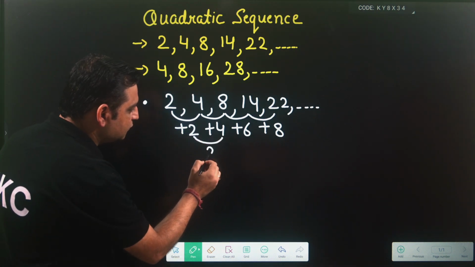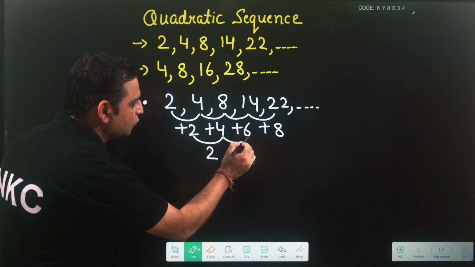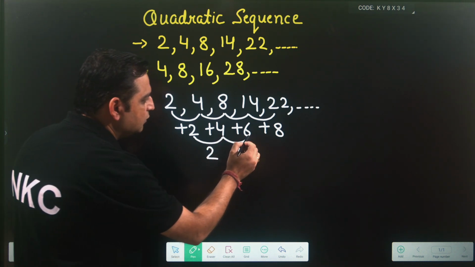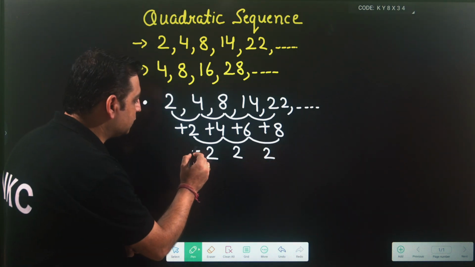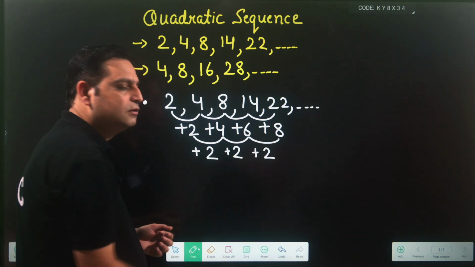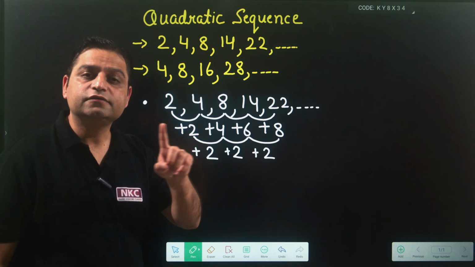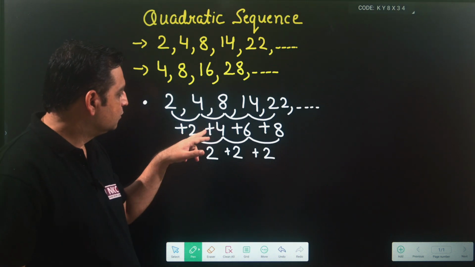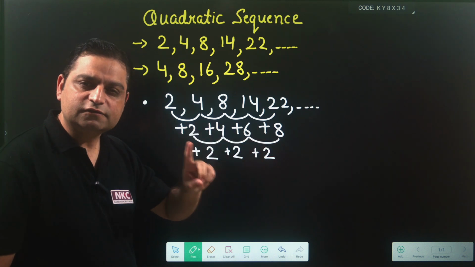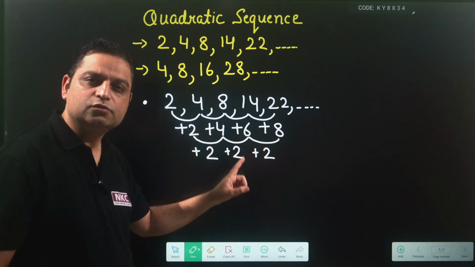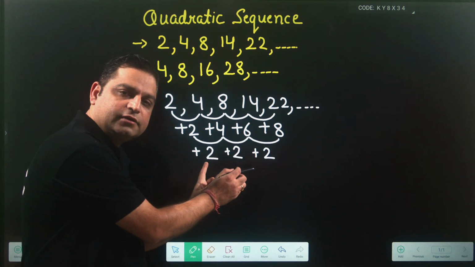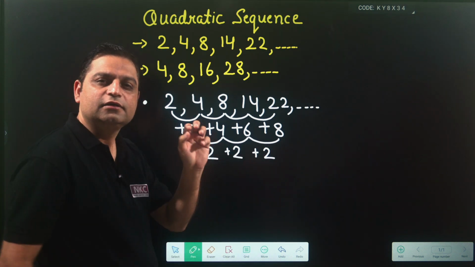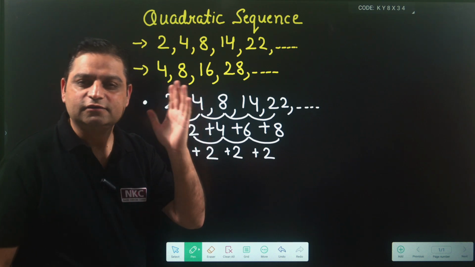Between 2, 4, 6, 8 the differences are 2, 2, 2. In fact, plus 2, I am adding 2. 2, 4, 6, 8 was the first difference, and 2, 2, 2 is the second difference. If the second difference is the same, that means the given sequence is a quadratic sequence.